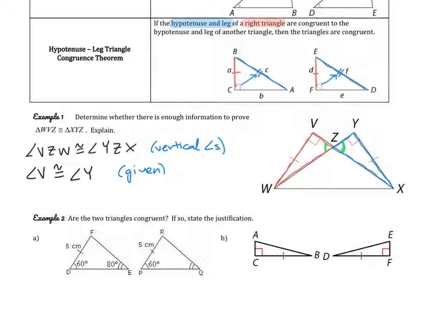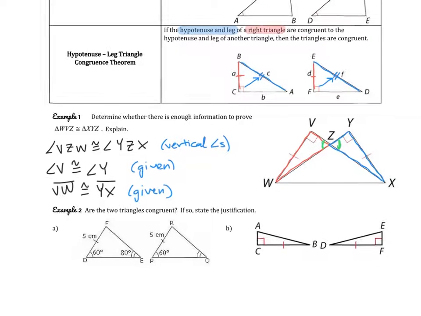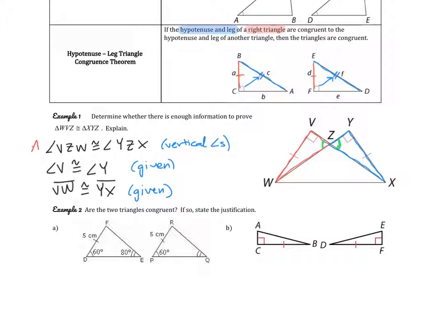And then we see that line segment VW is congruent to segment YX, and again, that was also just given. So if you look at what we have, angle, angle, side. So this is enough to prove that they are congruent. So we'd say, yes, they are congruent.